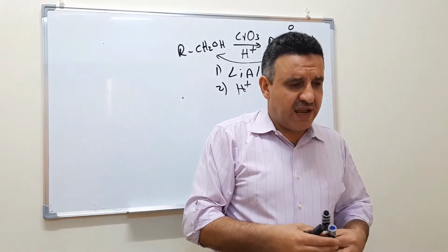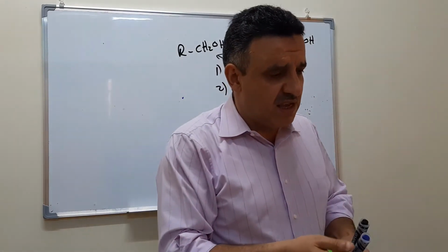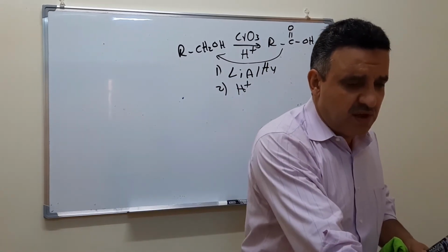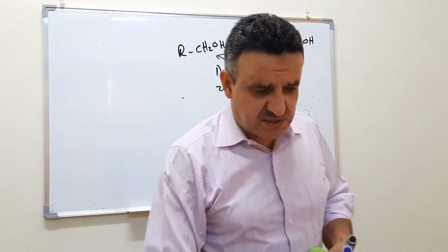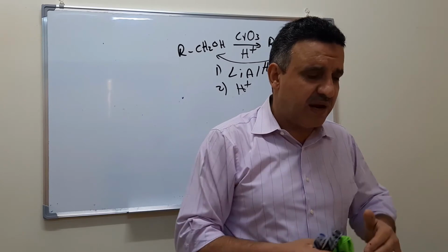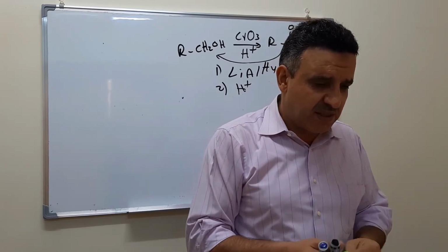For the reactions of carboxylic acid to carboxylic acid derivatives, we can always convert carboxylic acid into carboxylic acid derivatives by simply choosing the right reagent.